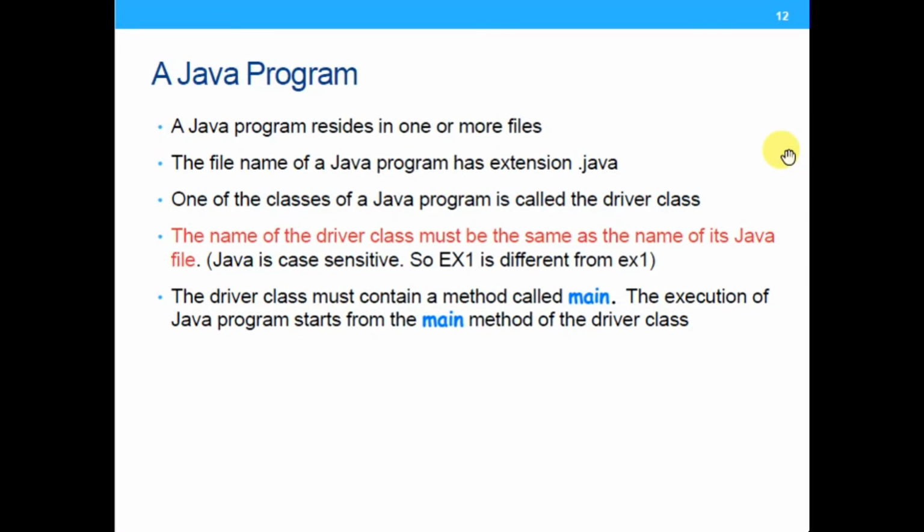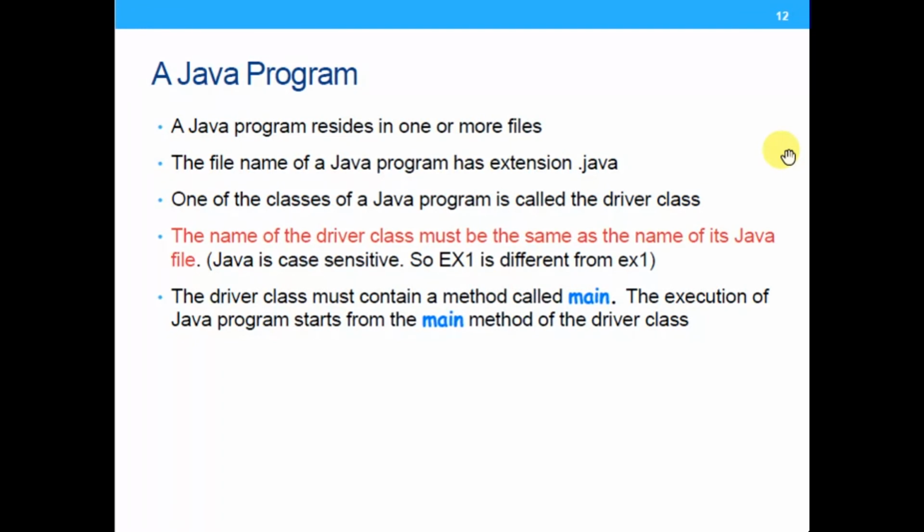A Java program resides in one or more files. It means the program can be divided into one or more files. The file name of a Java program has the extension .java. This is the extension for the files of a Java program. One of the classes of a Java program is called the driver class.